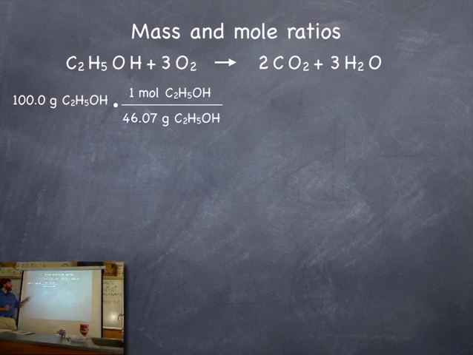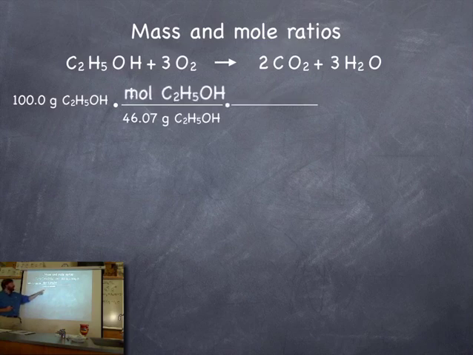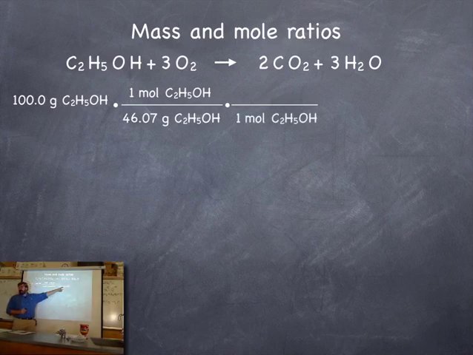Now, here's the thing. If I have moles of ethanol, and I want to do a conversion from moles of ethanol into, say, moles of carbon dioxide, I've got the moles here, so I know I want moles on the bottom. But now I need a ratio.